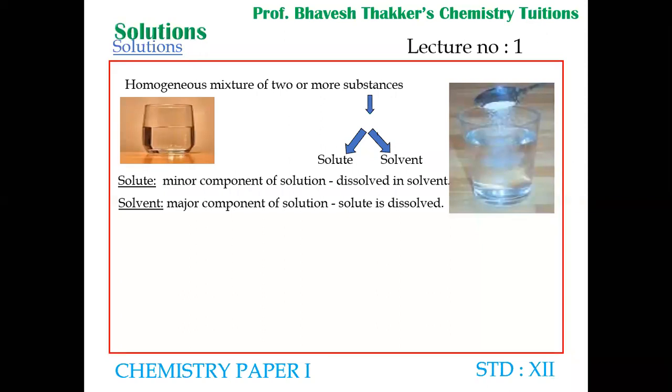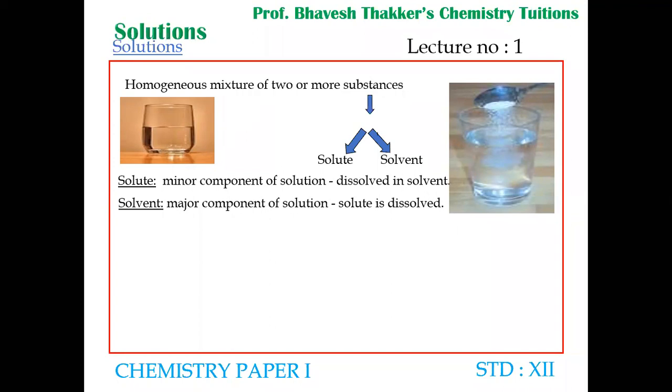So it consists of two components, solute and solvent. Solute is generally the minor component and gets dissolved in the solvent. Solvent is the major component which dissolves the solute in it.